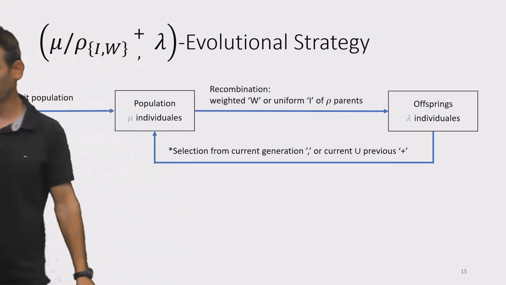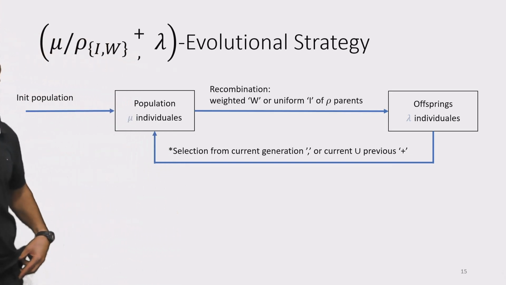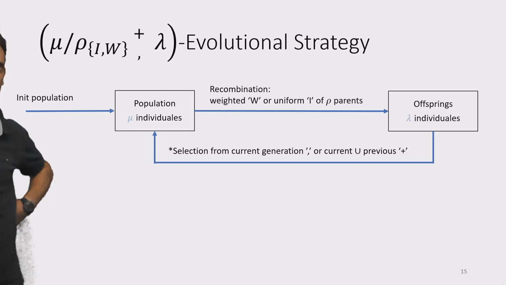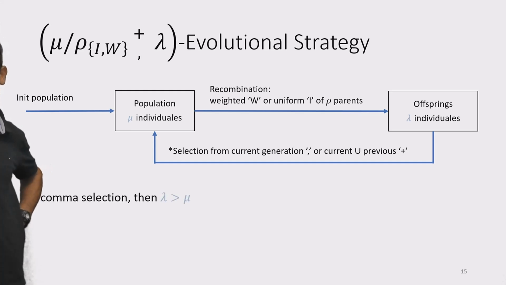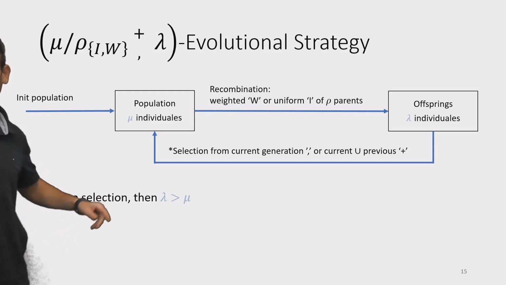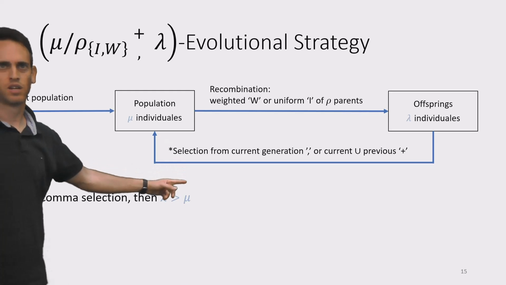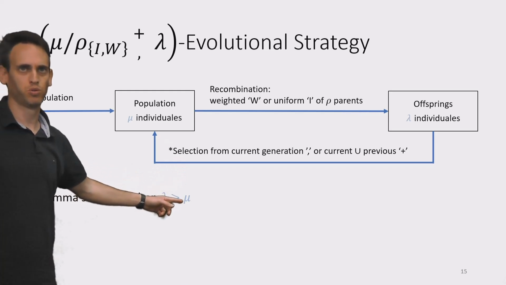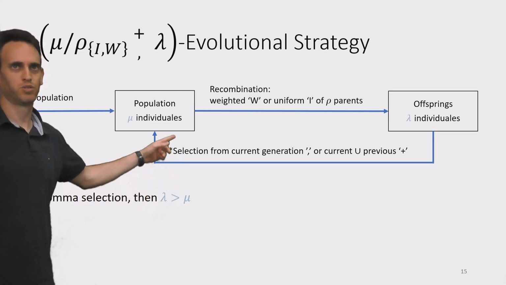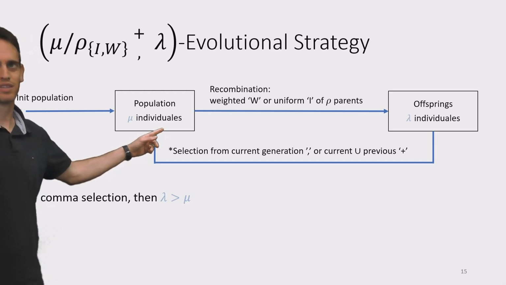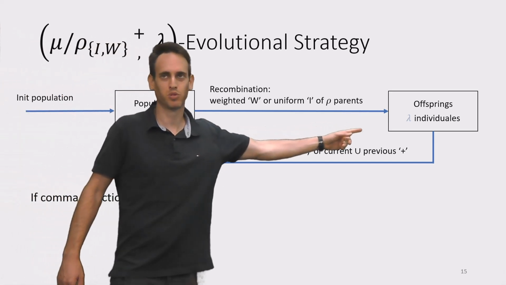So there are a lot of moving parts here, meta hyperparameters that should be optimized per domain. One thing to notice is that if we're using comma selection, then of course lambda should be greater than mu, else we won't be able to select the next population from the lambda offspring. Obviously.